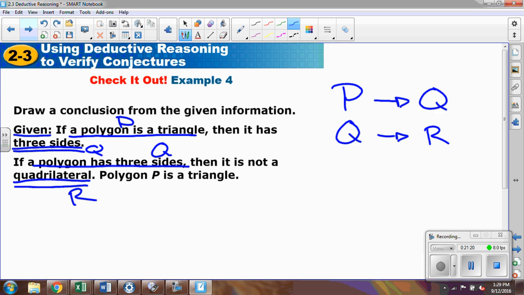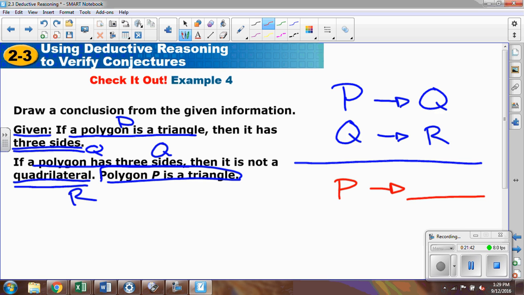So here's the structure we have. These sentences fit the format. P implies Q is true. Q implies R is true. Now, we also know polygon is a triangle. What conclusion can you then draw? All of these pieces that are written in the blue, those are things that we are told are true.